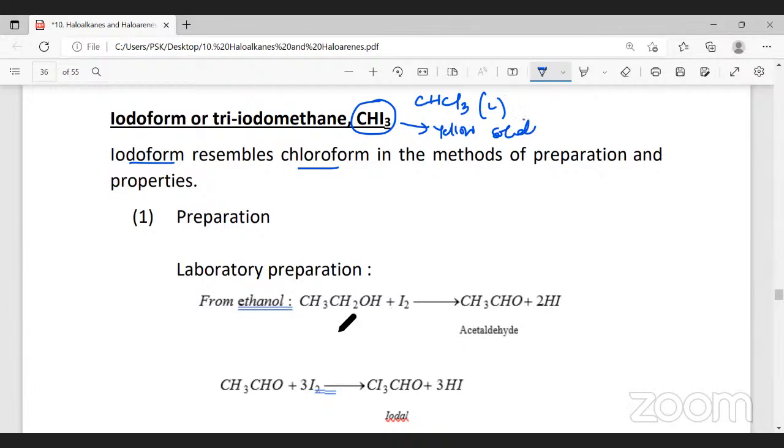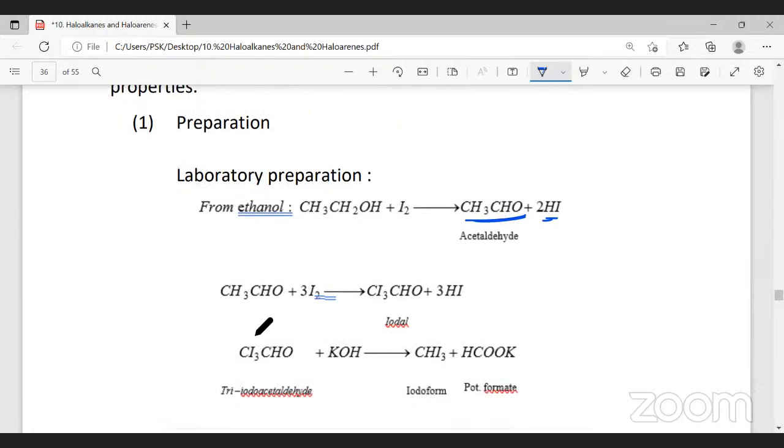Now preparation: ethanol, when allowed to react with iodine, undergoes oxidation to form acetaldehyde, giving you 2HI. Now this acetaldehyde, when you react it further with iodine, 3 hydrogens are eliminated as 3HI, and in place of them you get 3I.